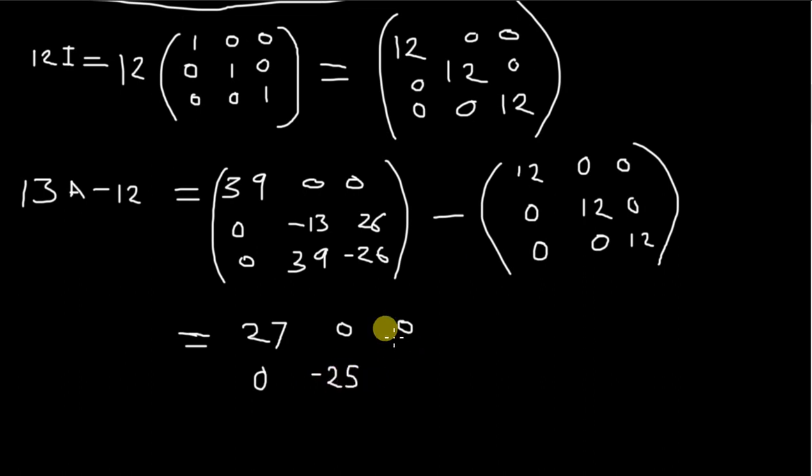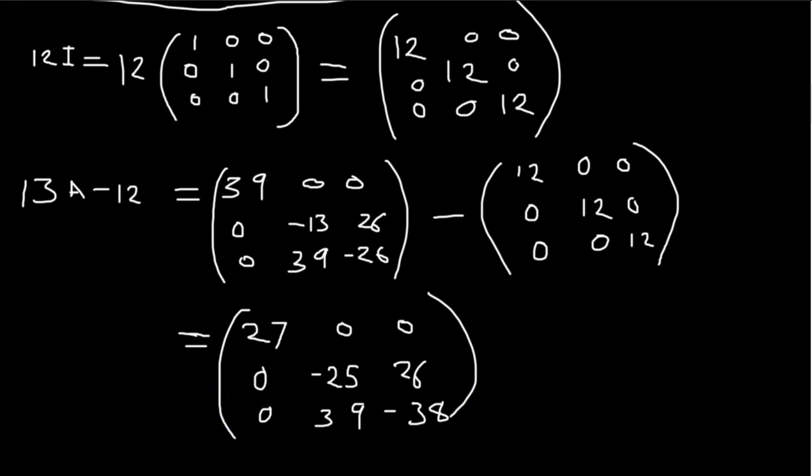And then 26 minus 0, you have 26 there. 39 minus 0, you have 39 there. Then you have a 0. Yeah, you have a 0 there. Then you have negative 26 minus 12, you have negative 38.